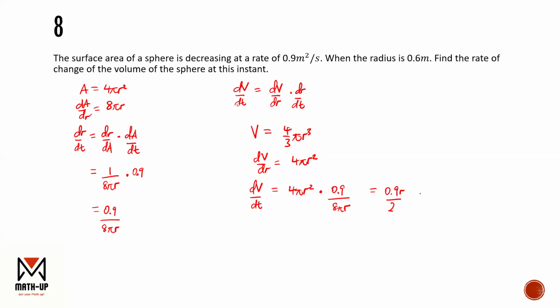And we just have 0.9 r over 2. So dV/dt, when r is 0.6, is going to be 0.9 times 0.6 divided by 2. So that's 0.54 divided by 2, which is 0.27. This is the rate of change of volume, so it's going to be meters cubed per second. Any questions there?